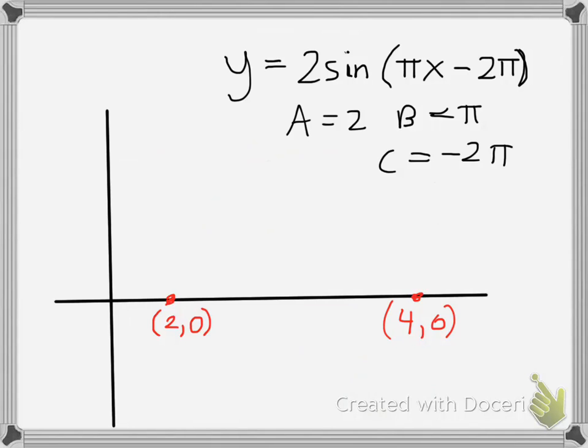And then the halfway point is when the wave will actually start going down. So that will be at (3, 0). And then the amplitude is 2. So this is 2, and then let's say this is minus 2.